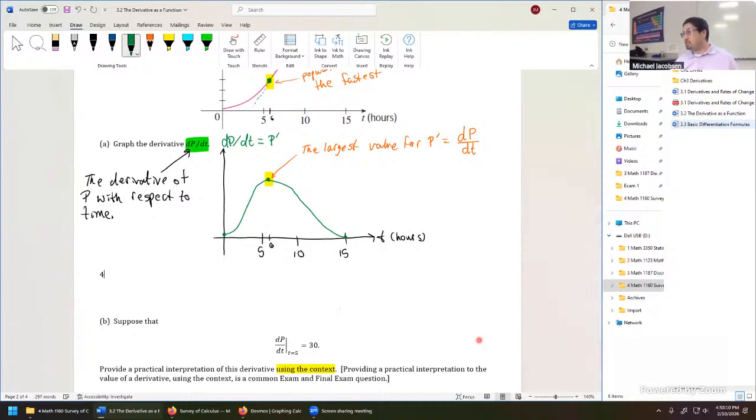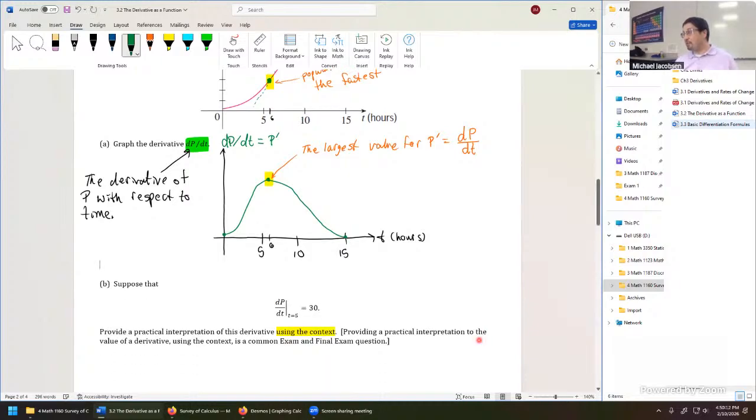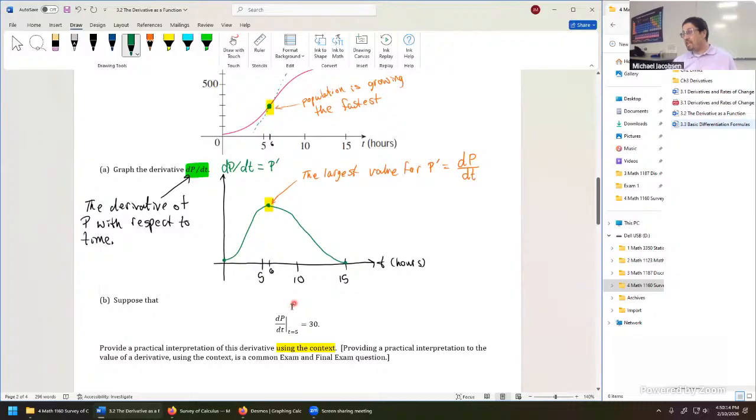But suppose, for the sake of argument, that we did have a value that dP/dt equals 30 when we evaluate it at t equals 5 hours. So this is just like saying the derivative P prime is 30 at 5 hours. That would be synonymous for that notation: P prime at 5 hours is 30.